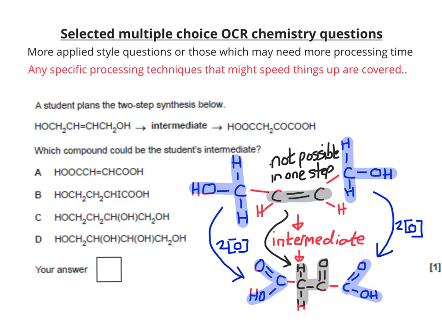But if you're doing that, you have to realize that going from an alkene to a ketone is not possible in one step. So what you're going to have to do is turn the alkene into an alcohol first.